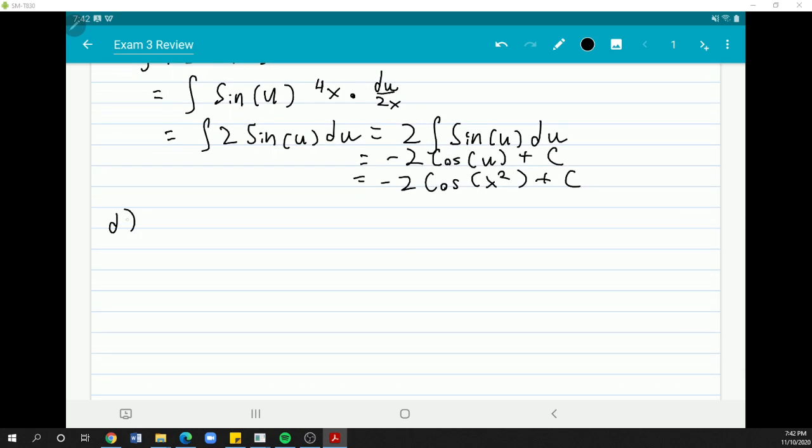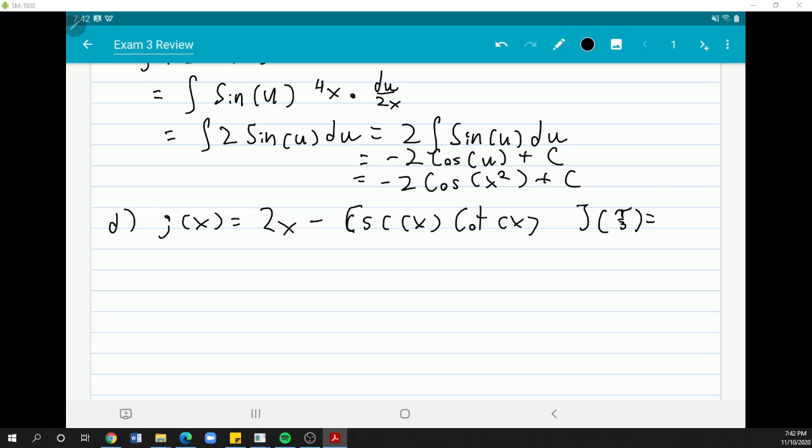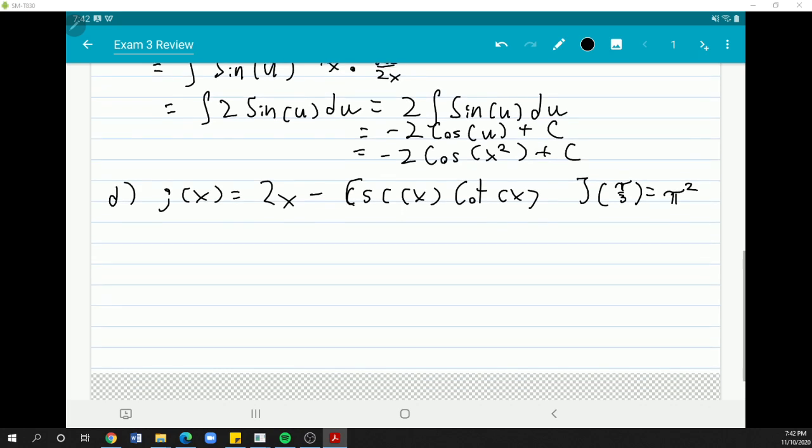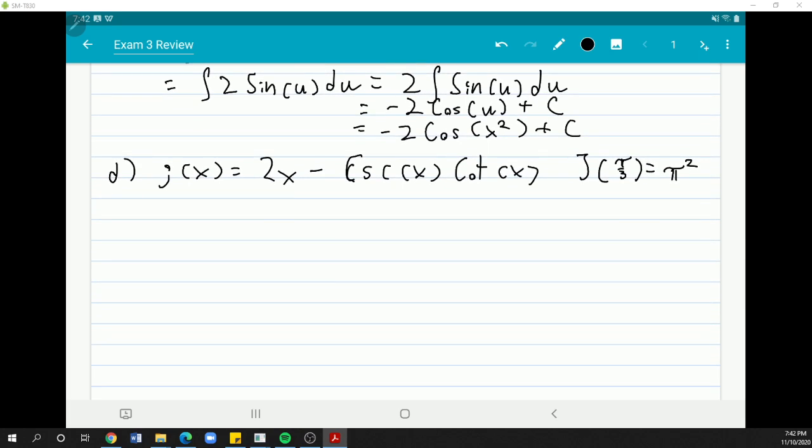Next, part D, j of x is equal to 2x minus cosecant x cotangent x, and j of pi over 3 is equal to pi squared. So let's go ahead and find an antiderivative.